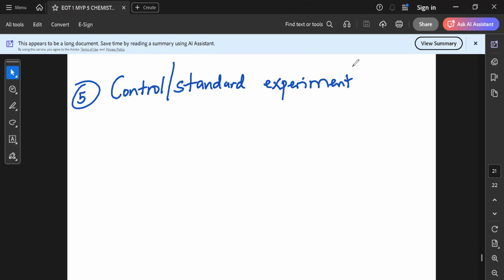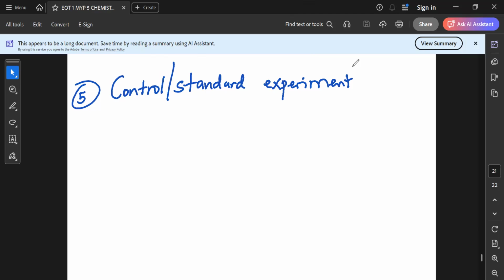So if they ask you, what is a control experiment? The other one was control variable, what you keep the same, like factors in an experiment. This is a control experiment. You want to be sure that the factor you are investigating is the one affecting the results.